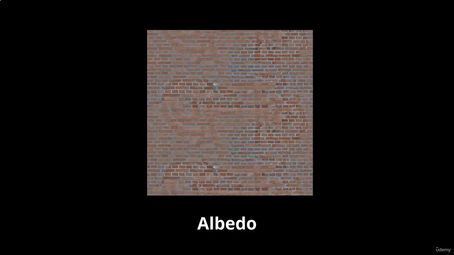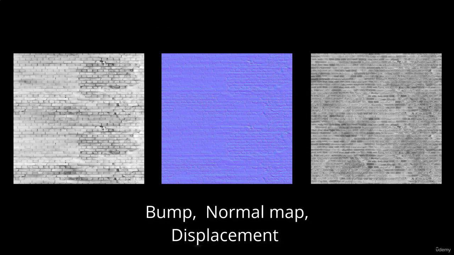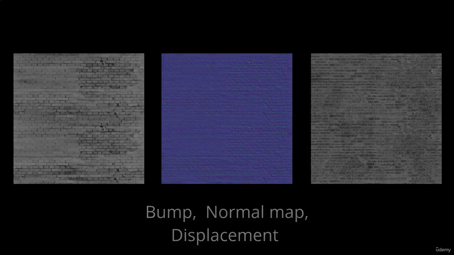If you are used to working with other renderers, this kind of map is also called base map or diffuse, and it controls the main color of the material. We also need to choose a height map, which simulates a kind of depth in the material. In Enscape, we can work with bump maps, normal maps, or even displacement maps. Once we apply them, you will understand the difference between each one.